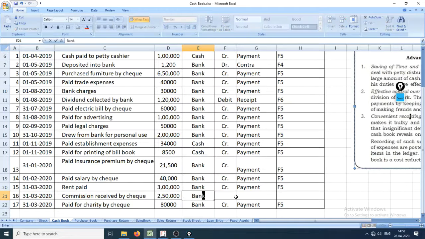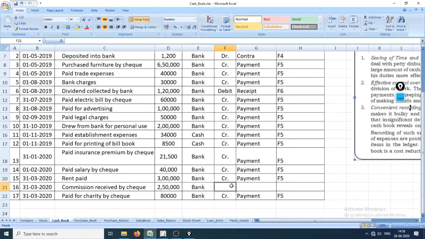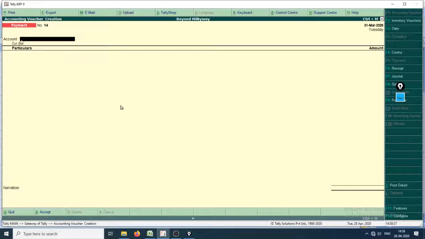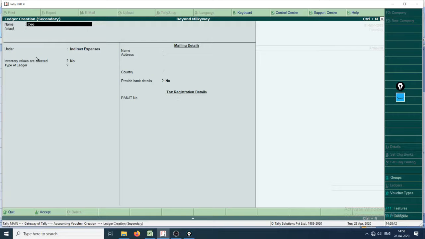That is, bank is affected, and debit when bank receives. Hence, this should be debited. This is a receipt. So receipt is F6. F6 Citibank account, and commission received.